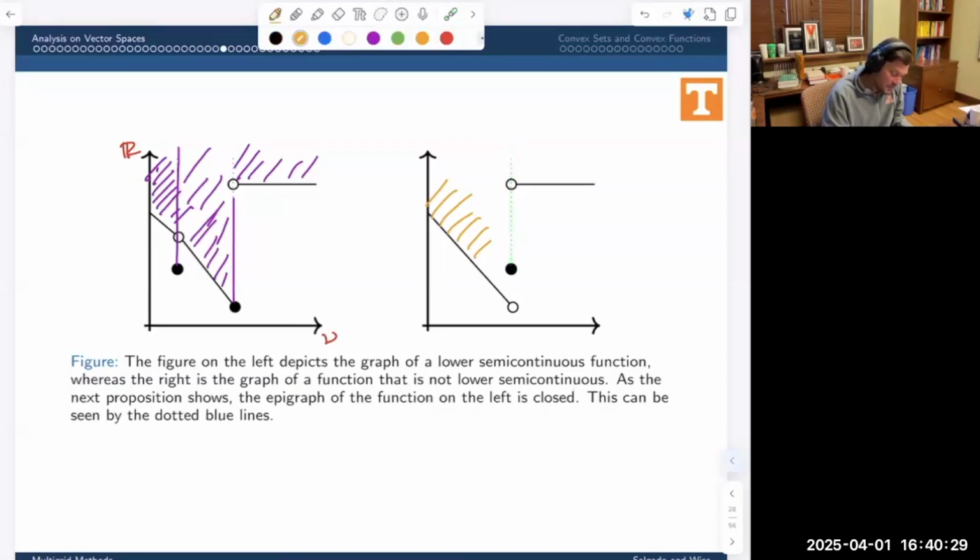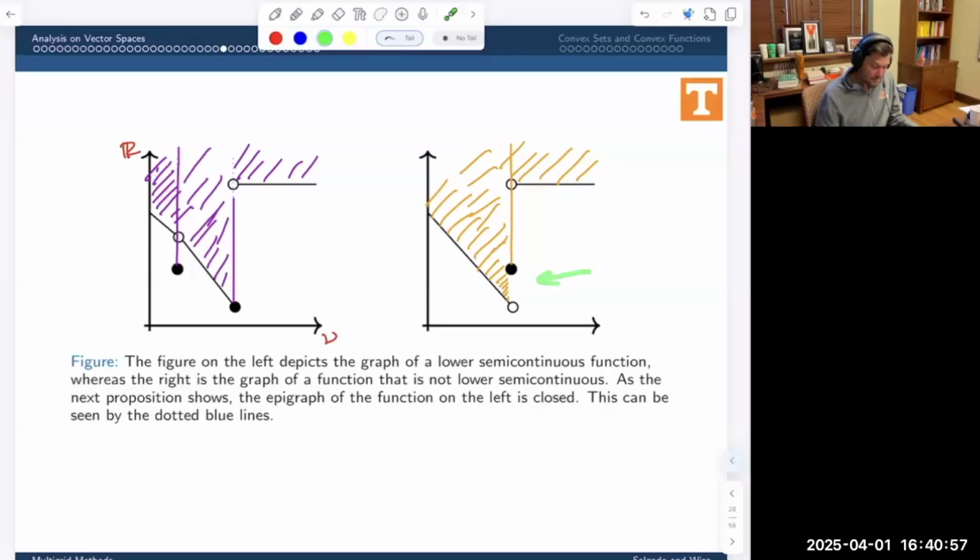Only those points are gathered in. But these points here are left out. We can get arbitrarily close to them, but they're left out. It turns out that this function over here is not lower semi-continuous, and this function over here is lower semi-continuous.